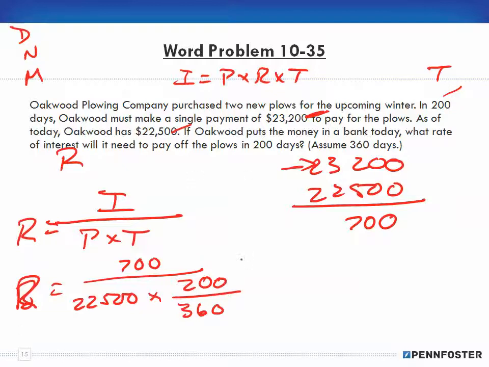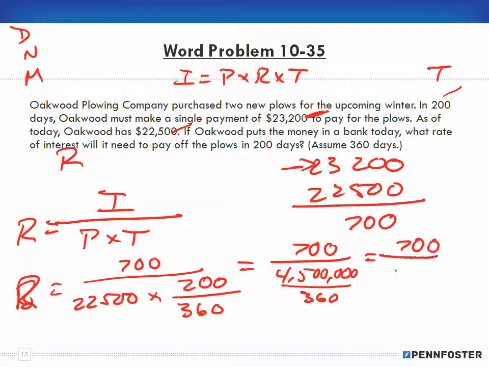So now let's just do the math. I keep the $700 in the numerator, and I take 22,500 times 200, and that gives me 4,500,000 divided by 360, and then that gives me 700 over 12,500.